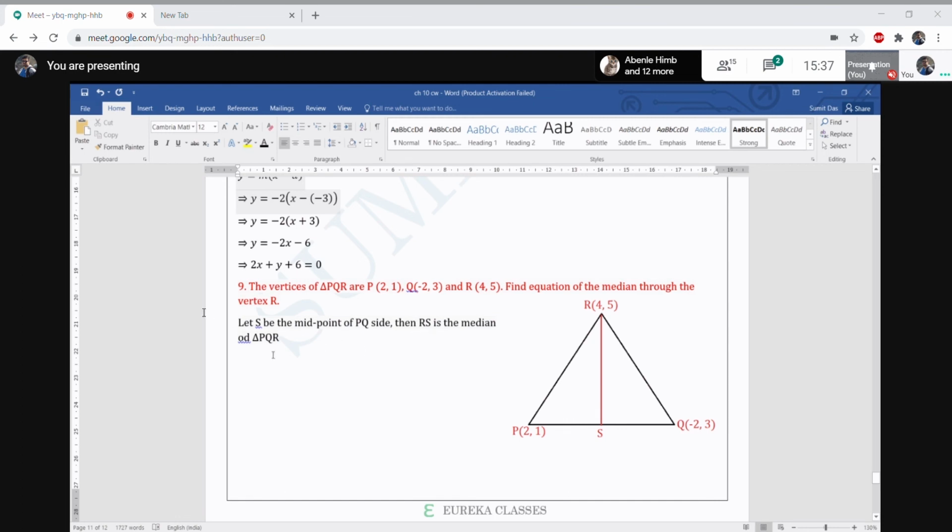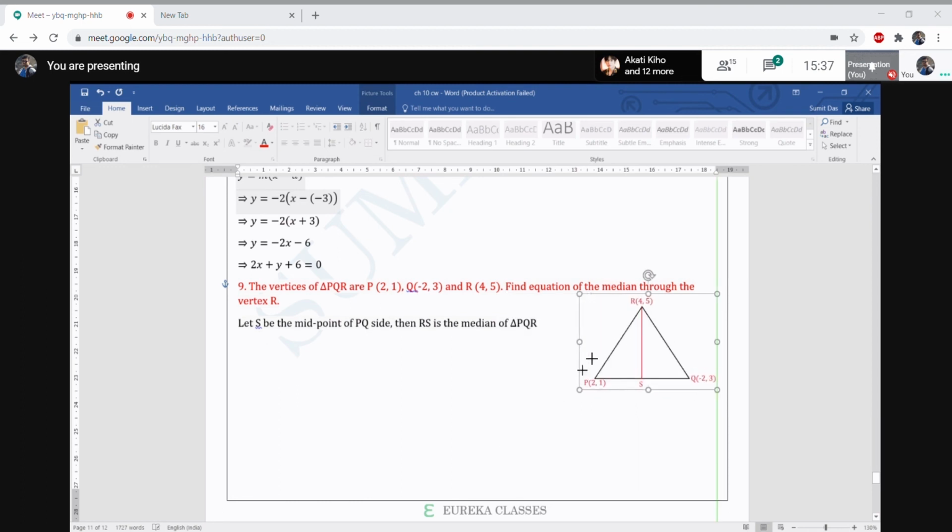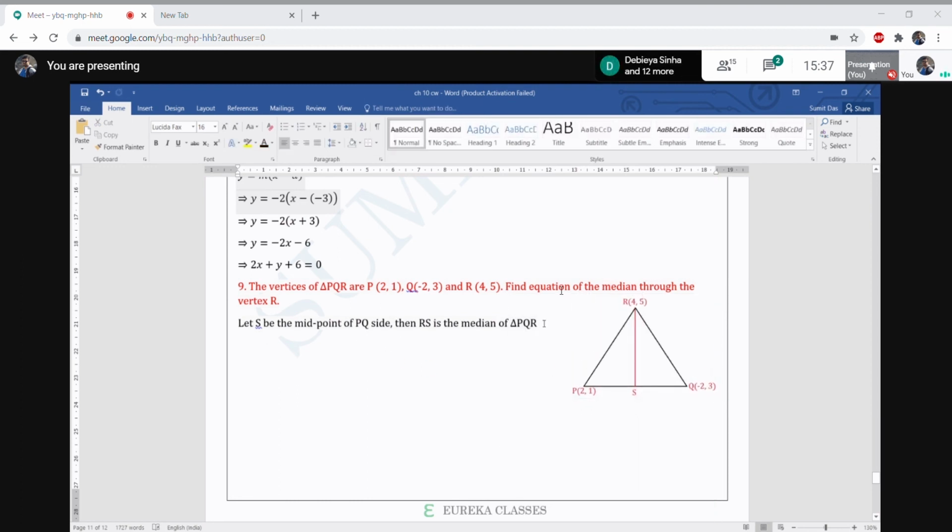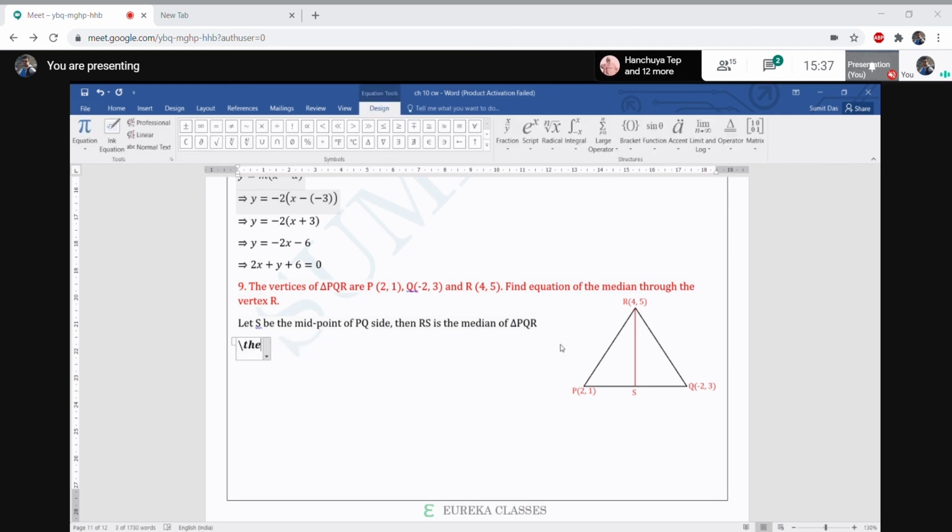Okay. So if S is the midpoint of PQ, then we have to find the coordinates of S.